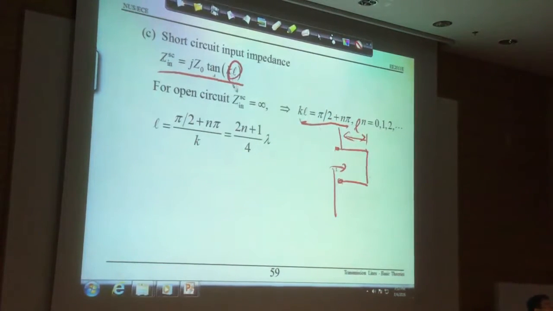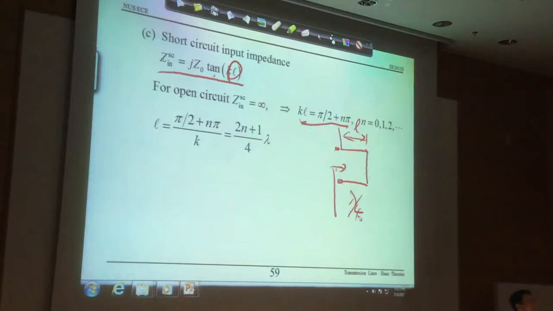The period of the tangent function is pi, n pi, right? So the minimum is lambda over 4, right? Shortest. Also just now mentioned, by half wavelength, the input impedance is the same. This first.